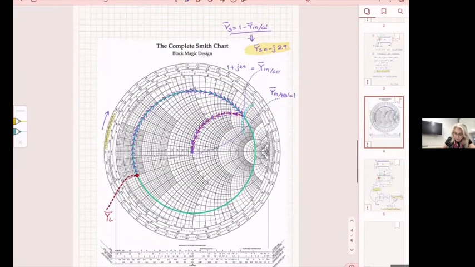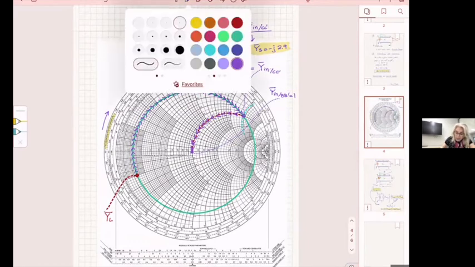So practically, the distance I'm traveling from YL along this green circle with the arrows until I get to this point here. I need to find the distance. How do I find the distance? I'm connecting with green.